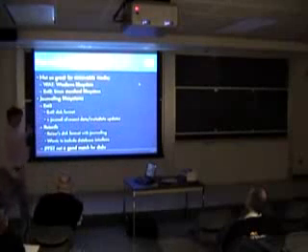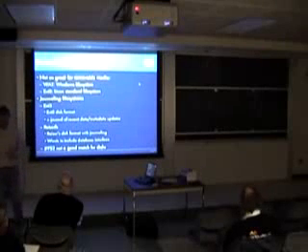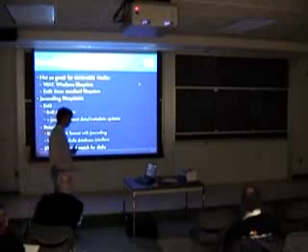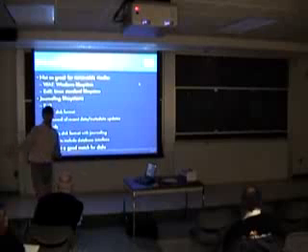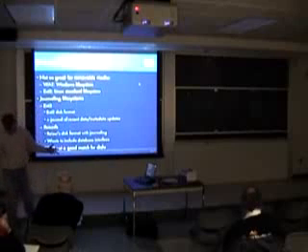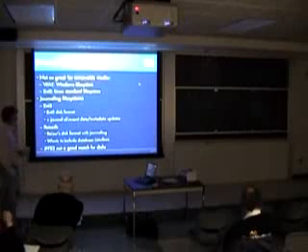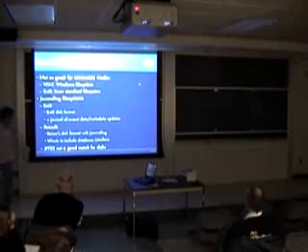JFFS2 is journaling, but it really wants to talk to flash. If you have removable media like a CompactFlash card, the microdrive, the MMC card, or SD card, then you want something like EXT3, which is the journaling file system we all need to know recently, or Reiser. They're actually hybrid.